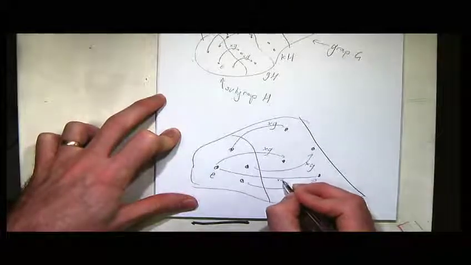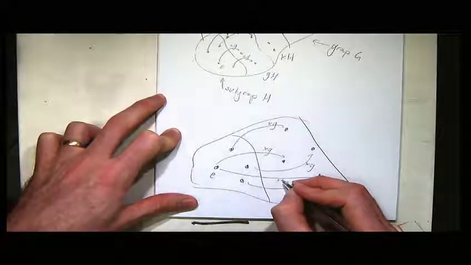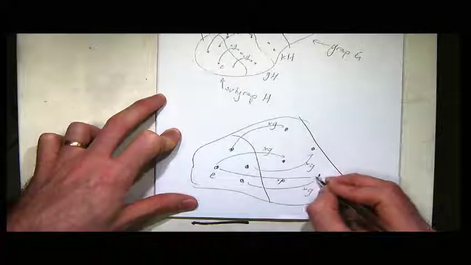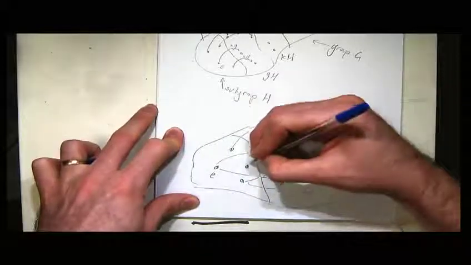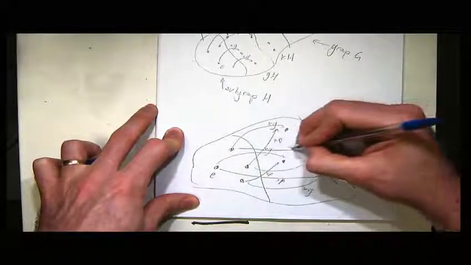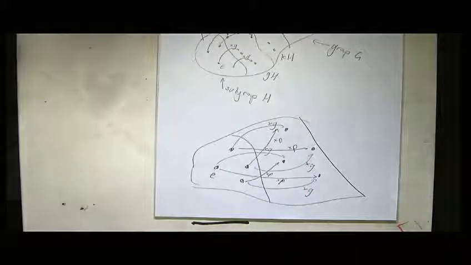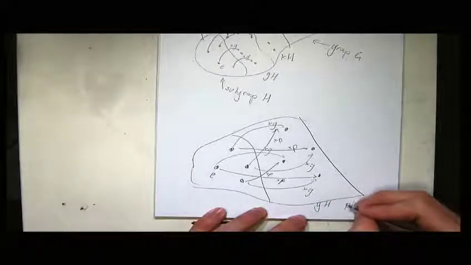But if instead I times by something else, P, I end up with the same collection of dots overall. I know the screen can't see the difference between the blue and the black very well, I'm sorry. So I could times everything by G and end up with this set of dots. I could times everything by P and get them in a different order, but the same collection of dots. And so this coset, which was GH, is also PH.